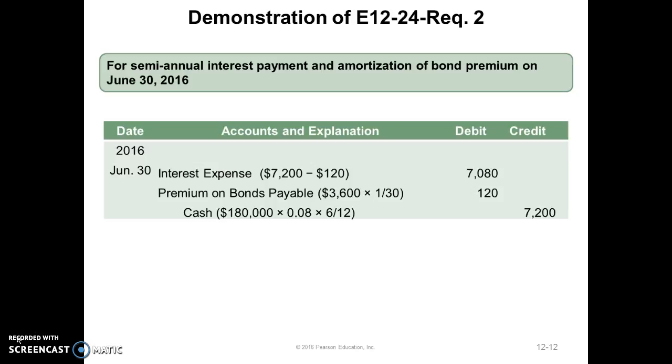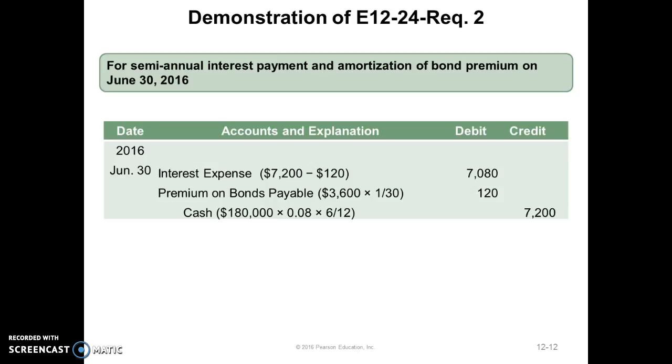So that's how we get cash. The interest expense is going to be, you have to take out the premium that we got, which is 120. You take the 3,600, which is the total premium, then divide it by 30 because we pay semi-annually and it's a 15-year bond.